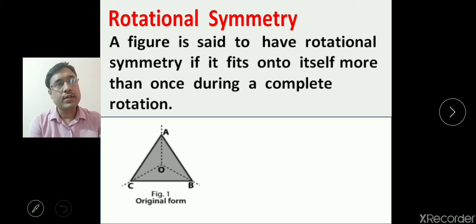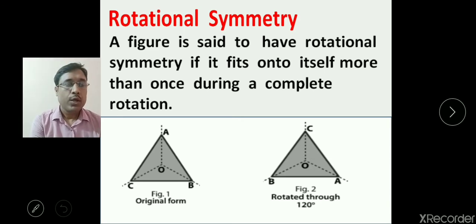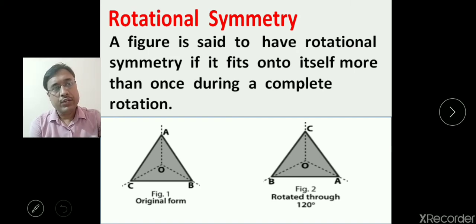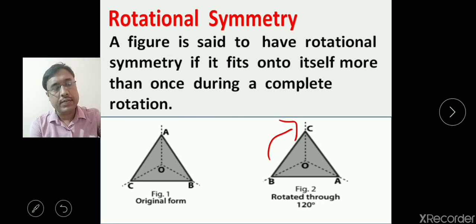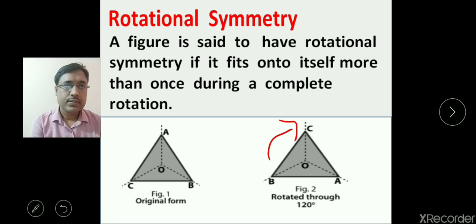When this figure rotates through 120 degrees, it can take the shape given here. I have shown the clockwise rotation in which the point C takes the other place in a clockwise direction only, you can see.